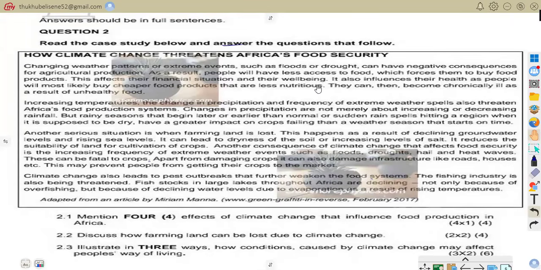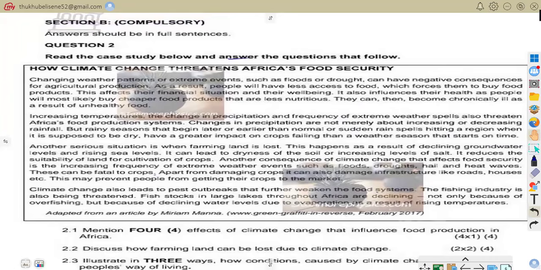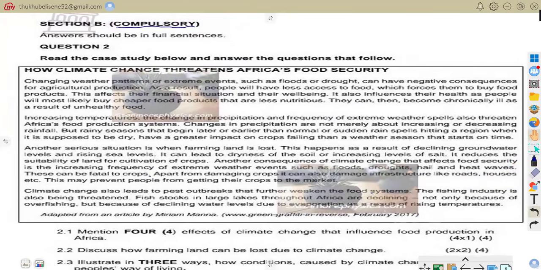Section B also is compulsory. It's a must-attend question. As we are going to read the case study together, it says question 2, answers should be in full sentences.